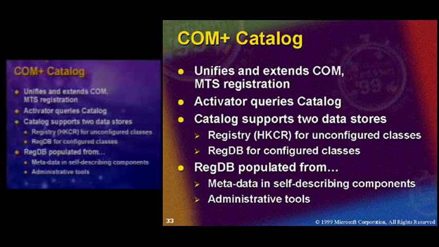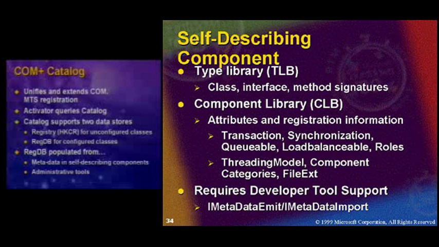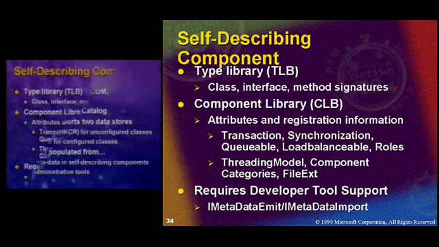In the future, you'll be able to create something called self-describing components. And I believe that you may have seen a demo of Visual C++ 6.1 that is able to do this. So metadata will actually be stored with your component that can then be read into the registry database when you install your component into an application.